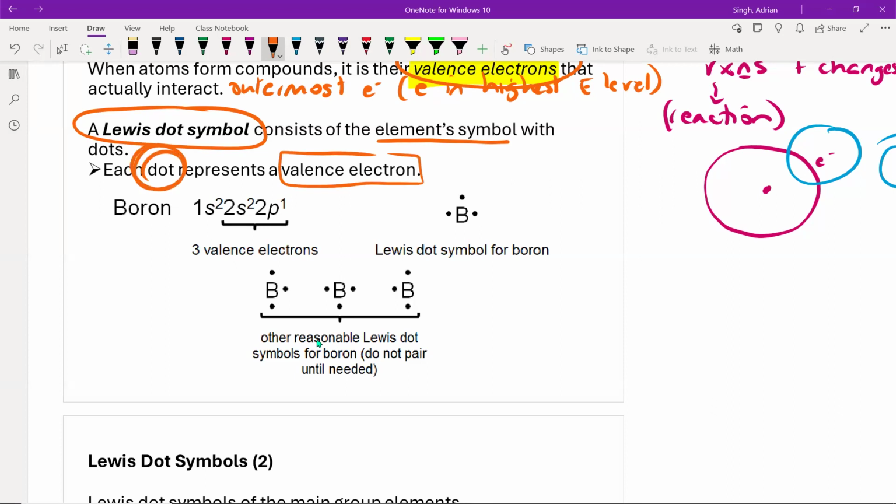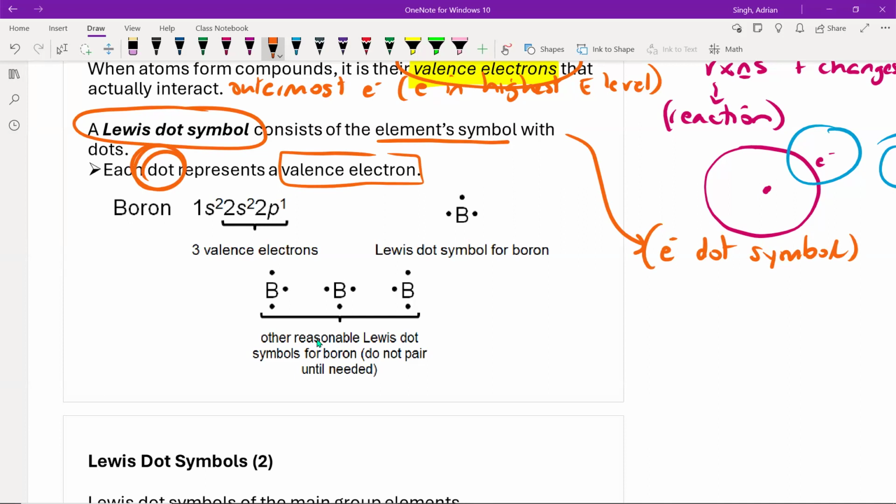It's called the Lewis dot, or sometimes you'll see this being referred to as the electron dot symbol. They're used interchangeably.